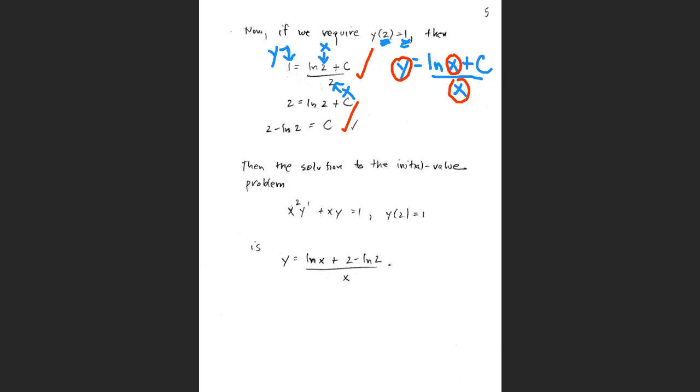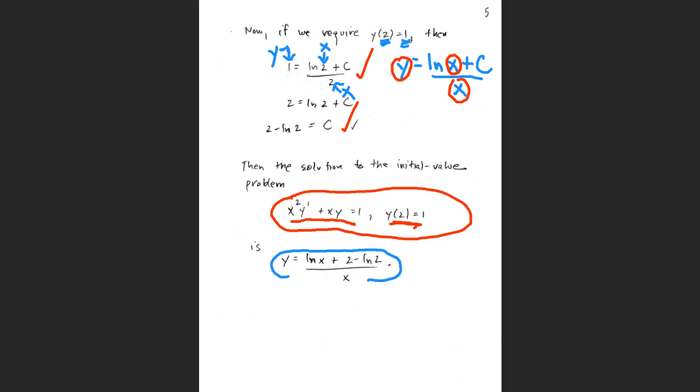And so the solution now to what we call the initial value problem, this is an initial value problem because in addition to the differential equation, we also have an initial condition. So we get a specific solution, and it's a unique solution. If we had a different initial condition, we would get a different unique solution.